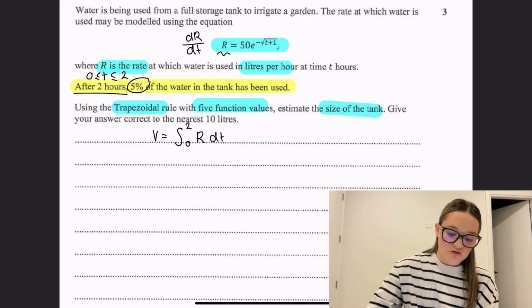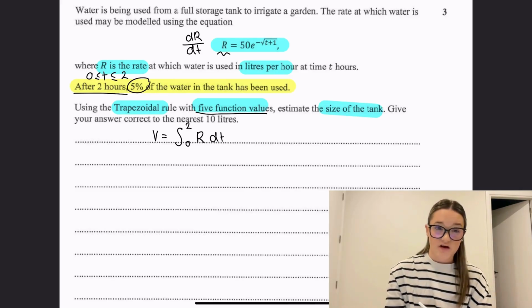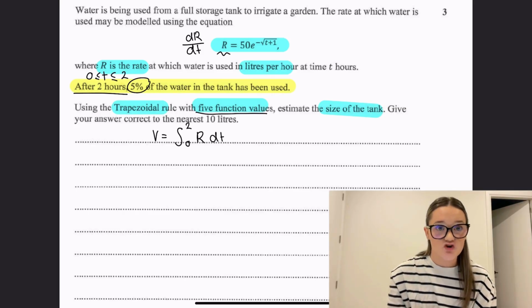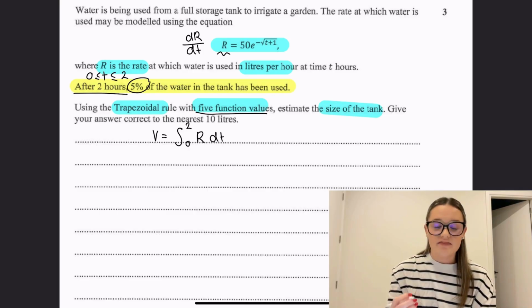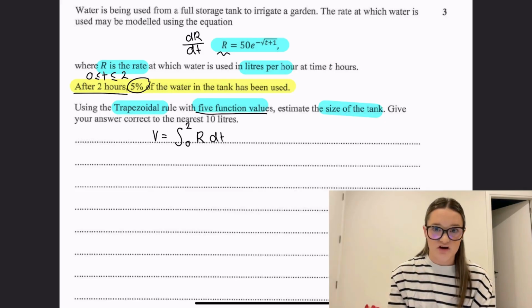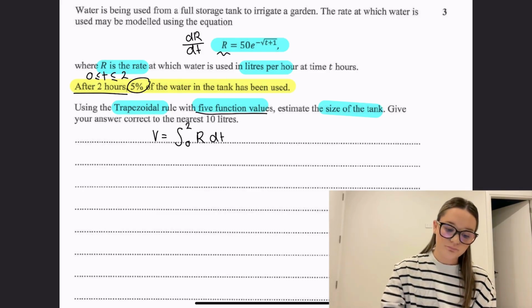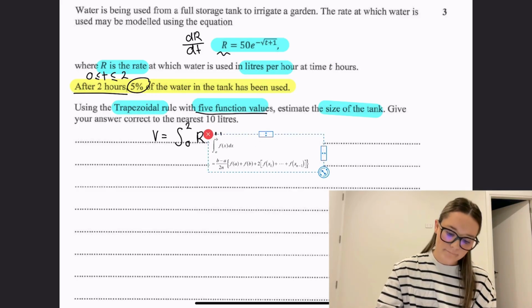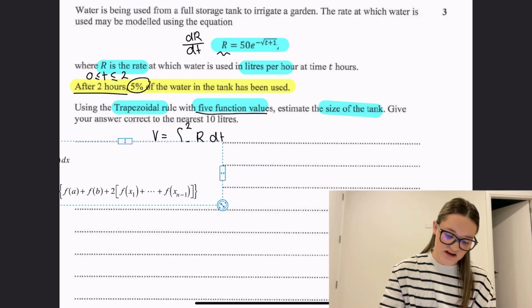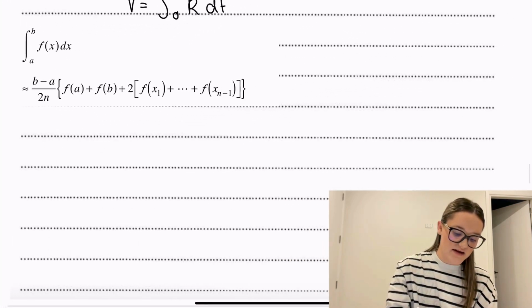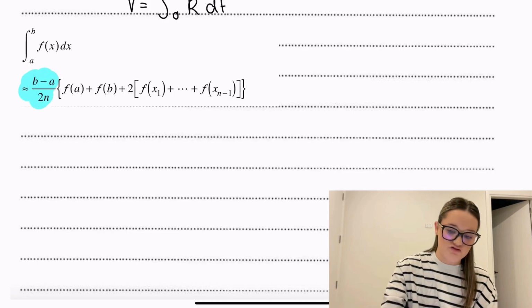Okay, now I'm also told that I want to use 5 function values. Function values are the actual number inputs that you put into your trapezoidal rule, and the sub-intervals are how many trapezoids are created from those function values. If I think about the formula for my trapezoidal rule, which is given in your formula sheet, we're told that the height is going to be b minus a on 2n.